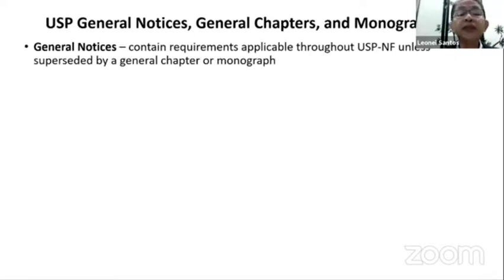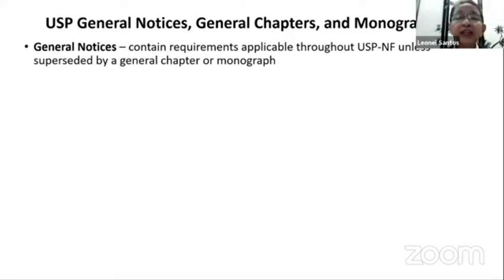So as an introduction, let me just ground everyone in terms of USP, United States Pharmacopoeia. Only in the United States is the FDA separate from the pharmacopoeia, because the US Pharmacopoeia was established 200 years ago, way ahead of the US FDA.